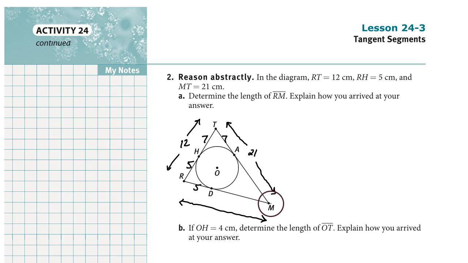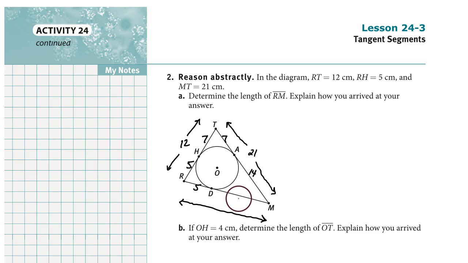Now look over here at point M. Notice that from M all the way to T is 21, and then this portion is 7. So how far is it from M to A? It's 14, because 14 and 7 would be 21. Then, if that's 14, how far is it from M to D?